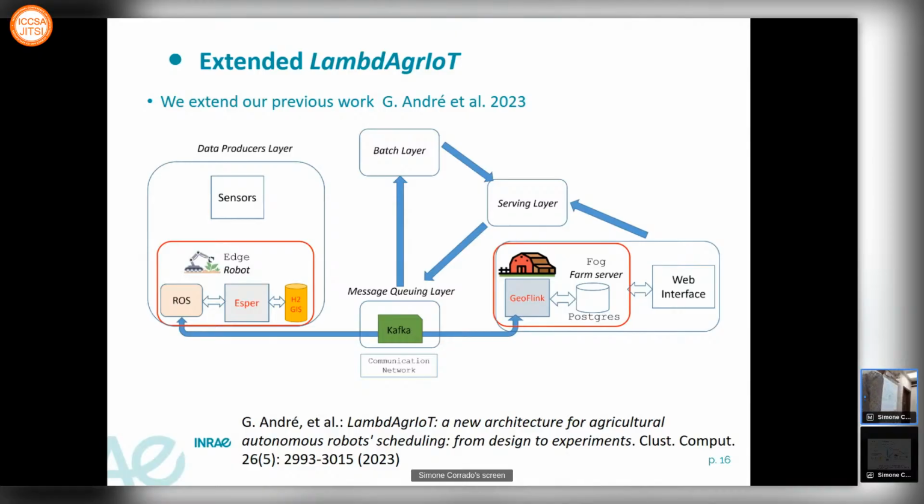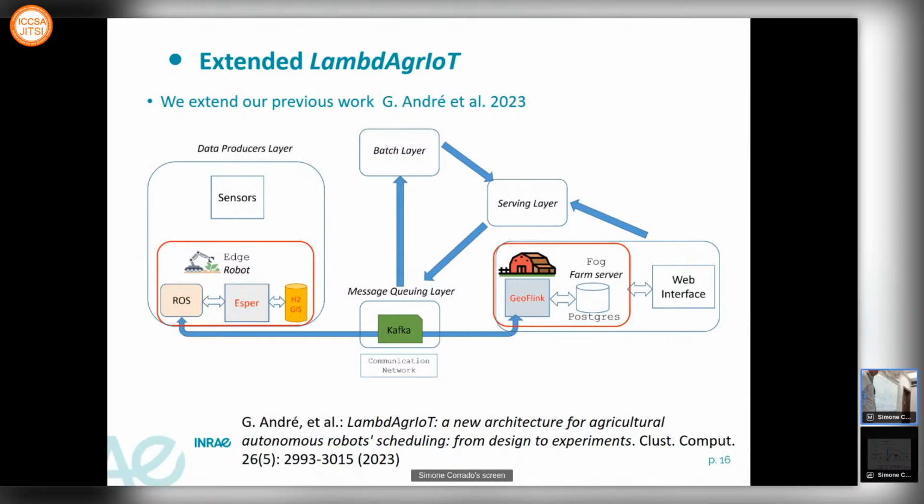What I will detail is the data producer. We have robots, but also sensors, humidity, soil, and so on. All the data are sent to a message broker like Kafka. Kafka is used by Twitter and others to ingest all your tweets. Then data arrive at the farm.